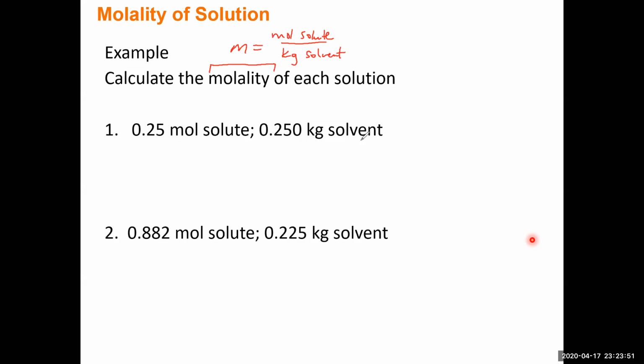So we can just directly put this into the formula. So 0.25 moles of the solute over 0.250 kilograms of the solvent. And we get that the molality is equal to 1.0 molal.